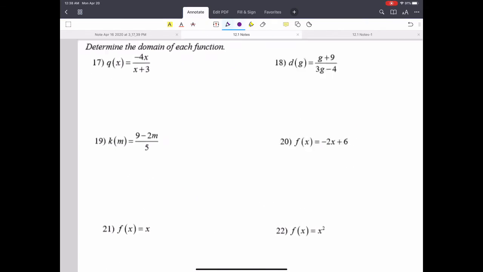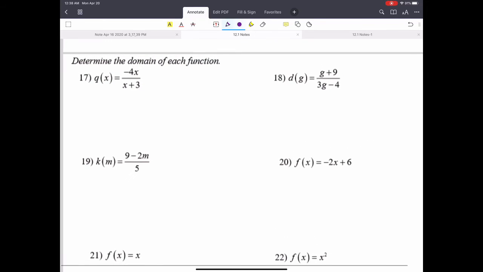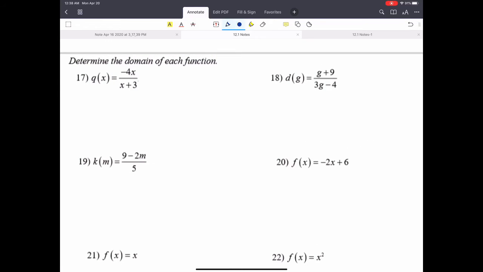Number 17 right here, for the first one, we want to pay attention to this being a rational function. Since we're dealing with a rational function, we definitely have to make sure that the denominator is not 0. So if we set that x plus 3 to 0, then x is going to equal -3. That's the only value of x that, when you plug it in, makes that rational function undefined.